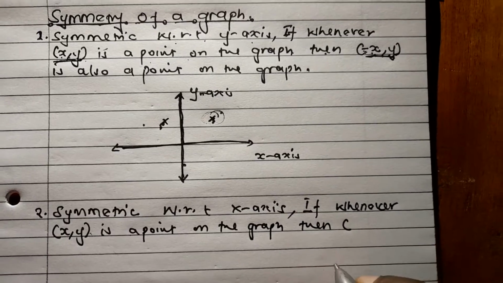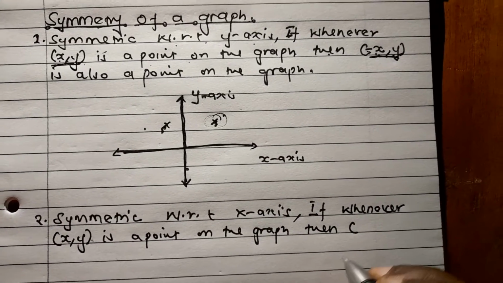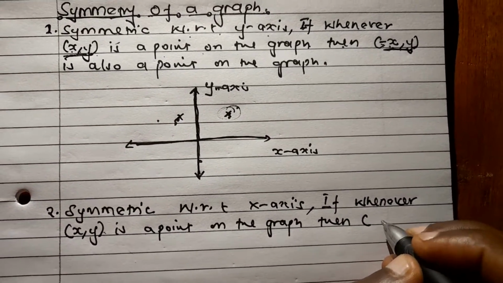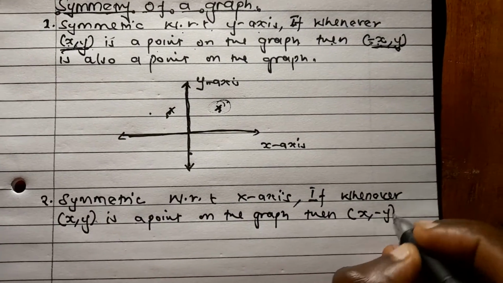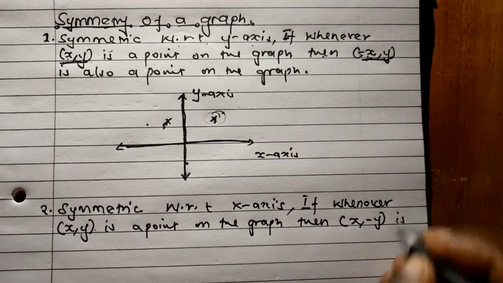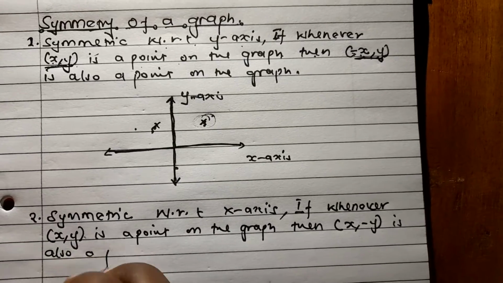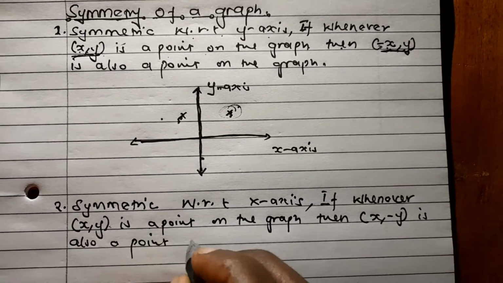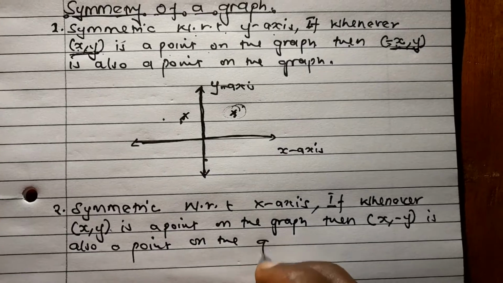then we will be having another point. And what is that point? That point will be x comma negative y, also a point on the graph.